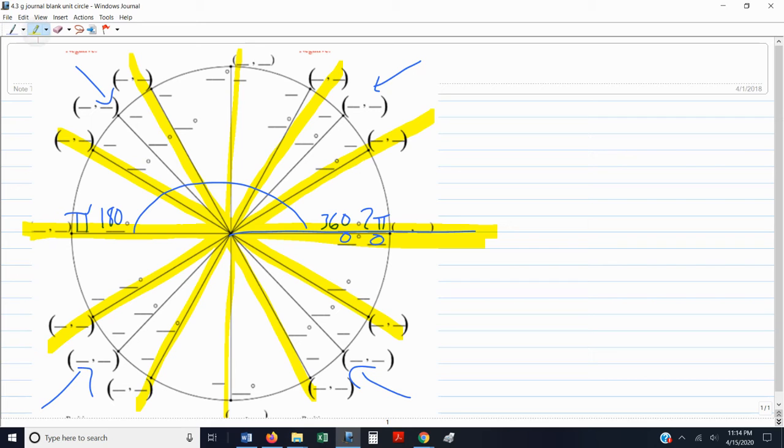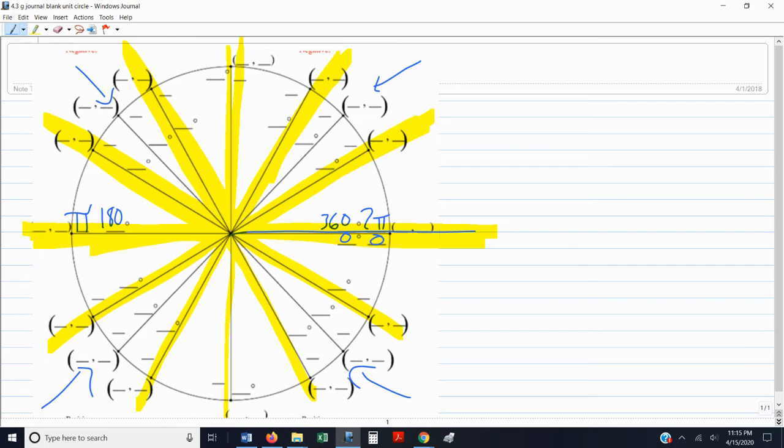And you should see 6 slices of pizza. Here's 1, 2, 3, 4, 5, 6. Right? You can see, let me erase this. Here's 1, 2, 3, 4, 5, 6 slices of pizza.